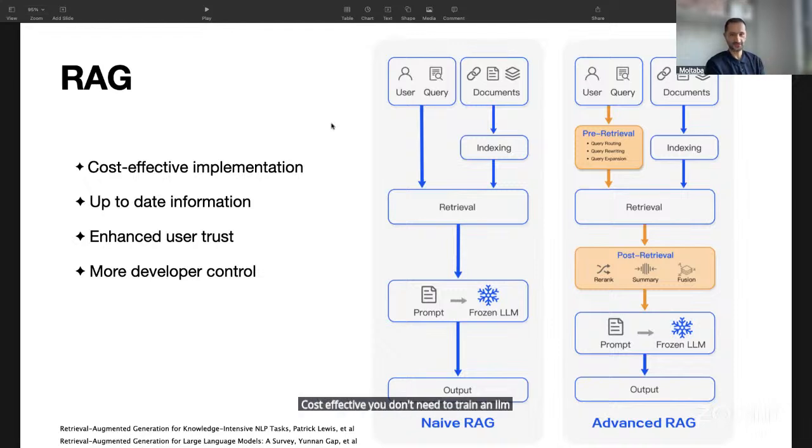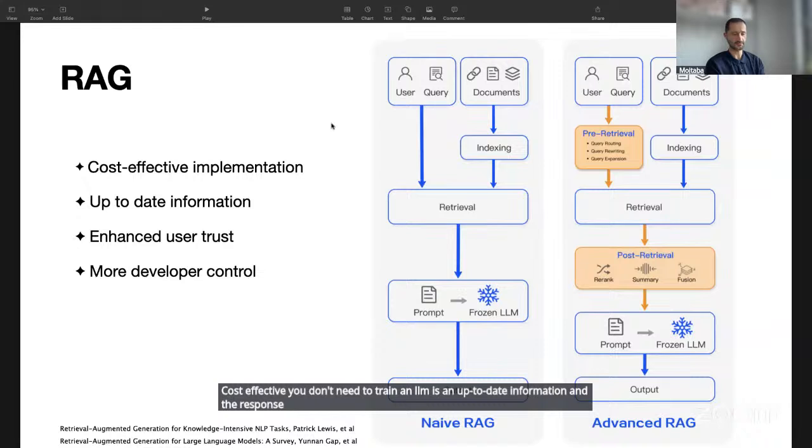It's up-to-date information, and the response is based on some ground truths. And you have much more control, because if your documents within the company get updated, you will also update the vector database.